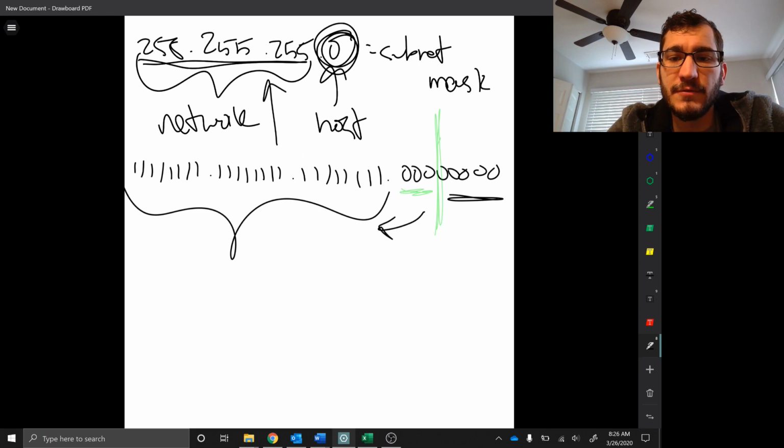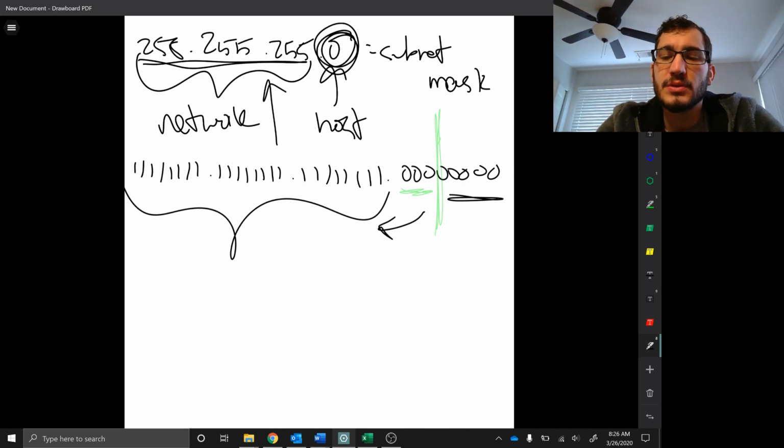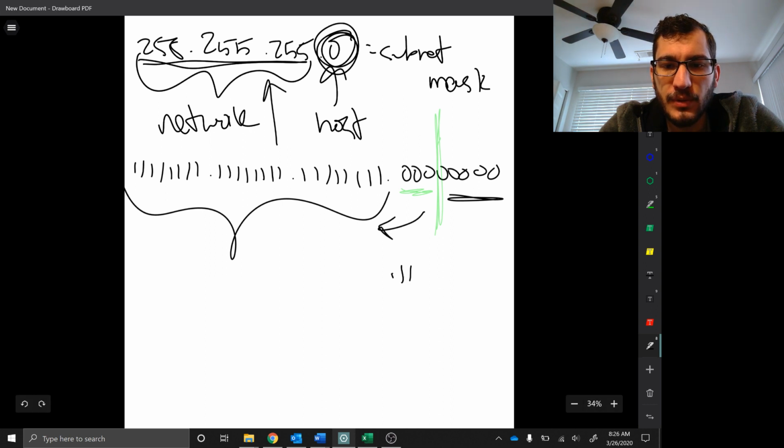Notice if you only have 5 binary digits, you can only have 32 IP addresses because that's 2 to the 5th power, which is important. So for this, let's say we're going to borrow these 3 bits. This becomes 111, and then we have 0, 0, 0, 0, 0.